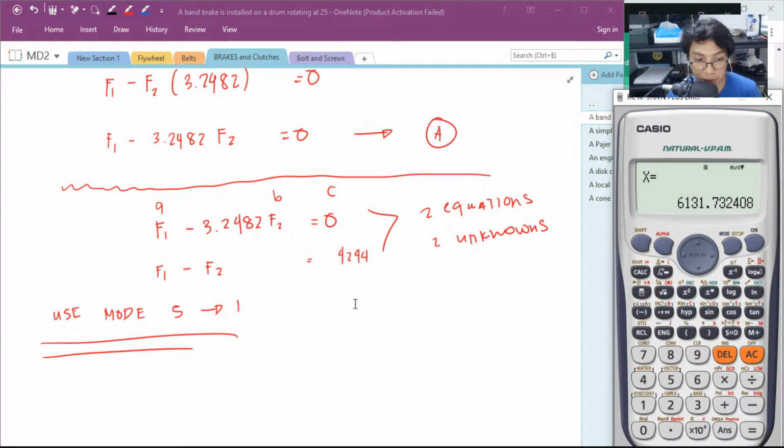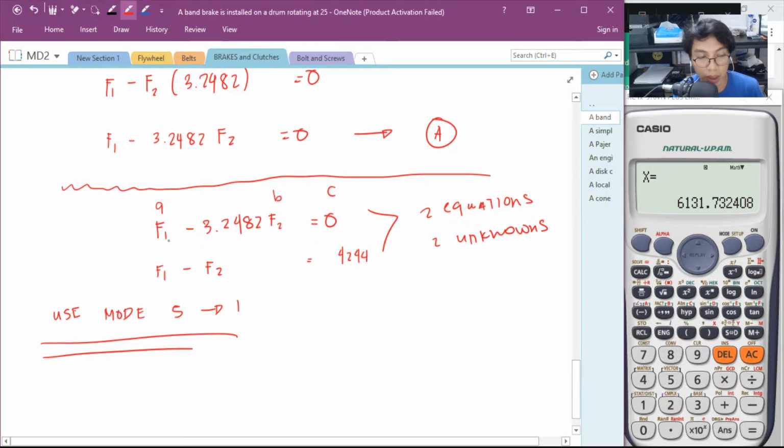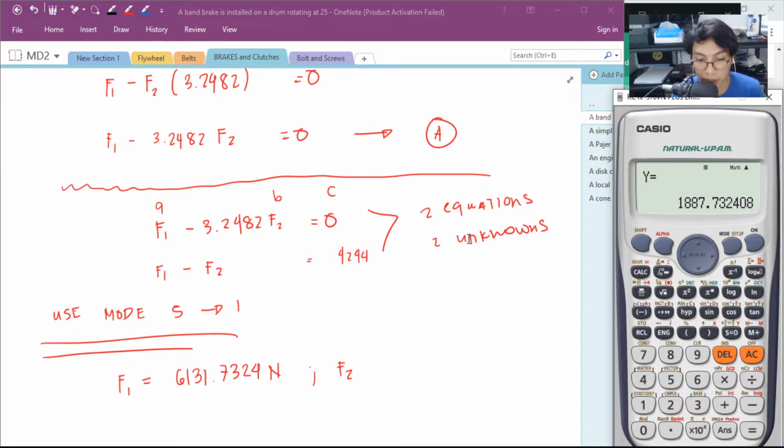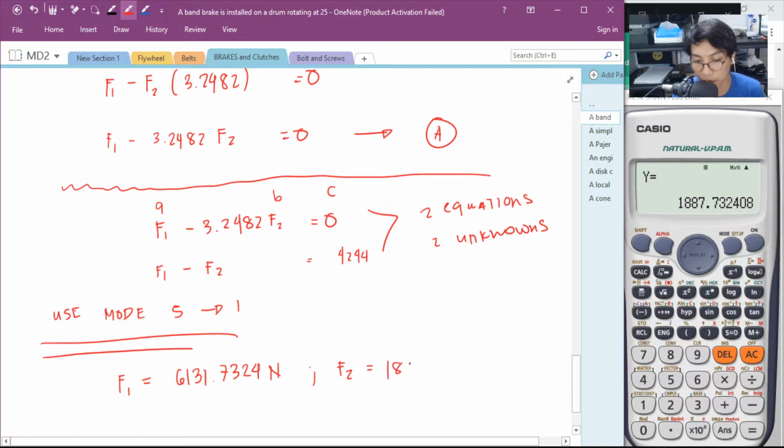Ang lalabas mo dyan, sa X or A, yung X dito, F1 will be equal to 6131.7324 newtons. F2, lalabas yun na isa. 1887.734 newtons. That is F1 and F2.